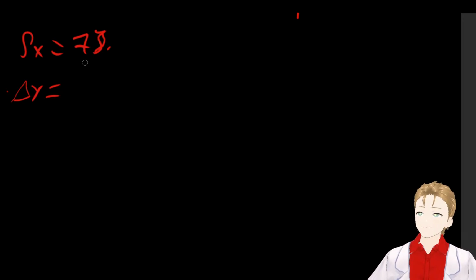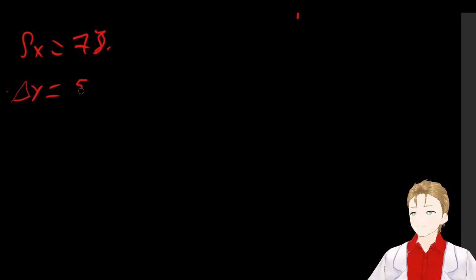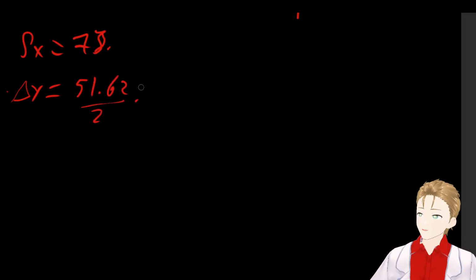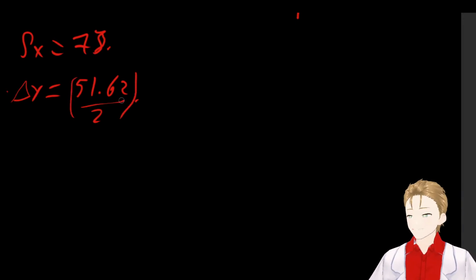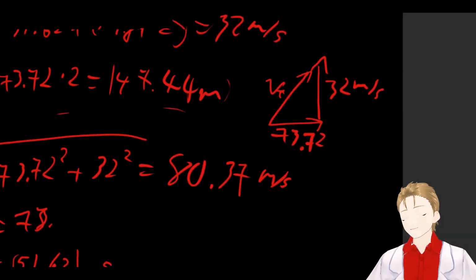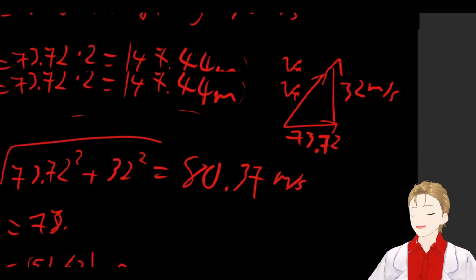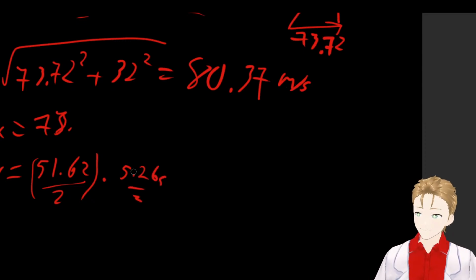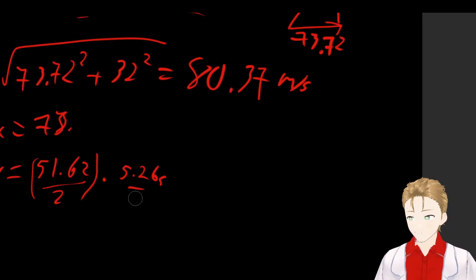What is it? 51.62 times... We can skip the final because the final is going to be 0. So that's going to be times 5.26, divided by 2, by the way, because it's at the halfway.